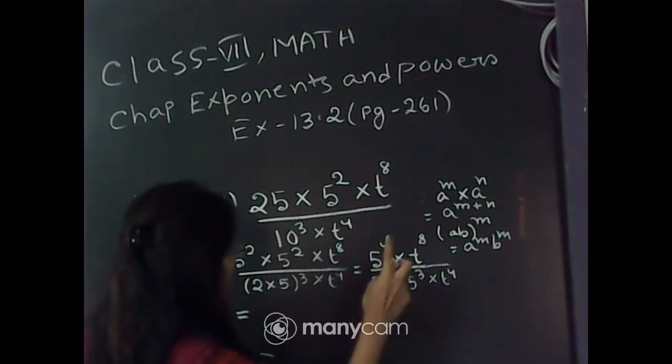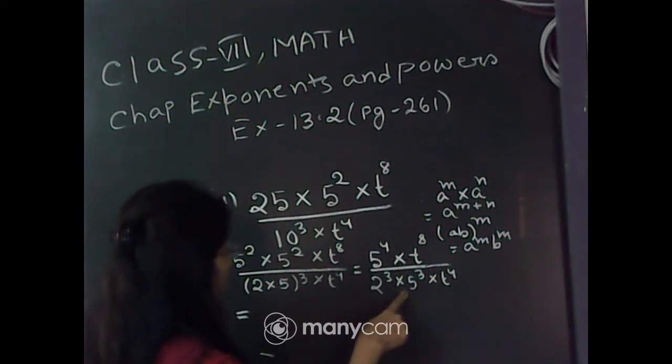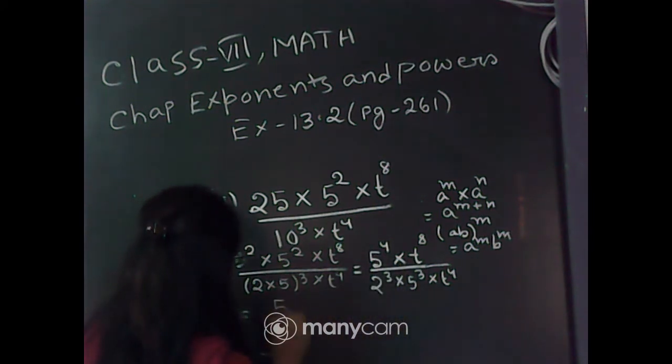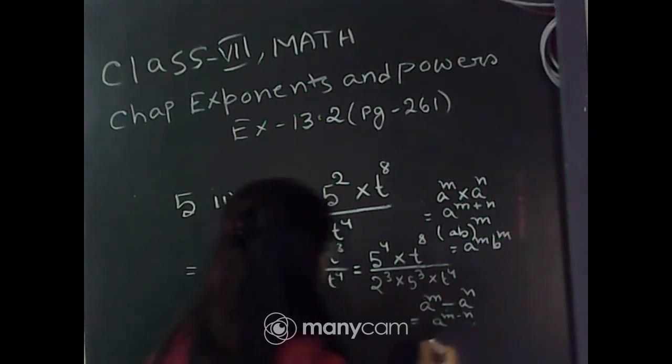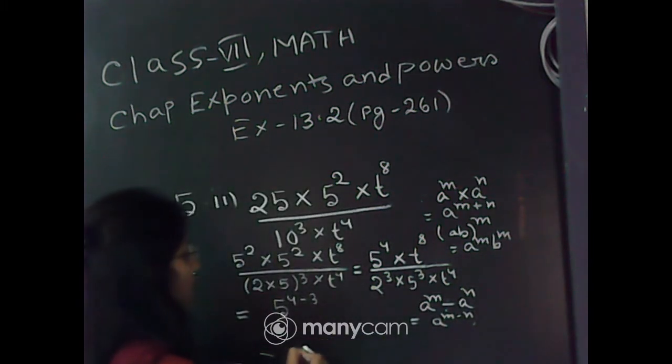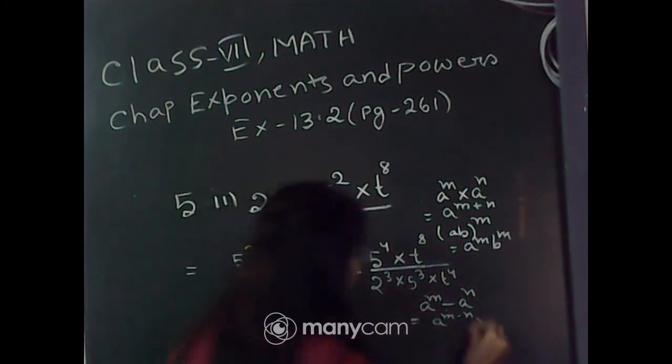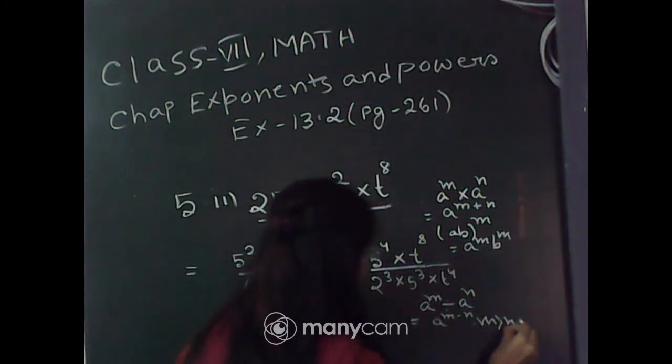Now 5 to the power 4 divided by 5 cube is equal to 5 to the power 4 minus 3, using the law a to the power m divided by a to the power n is equal to a to the power m minus n, where a is any non-zero integer, m, n are whole numbers and m greater than n.